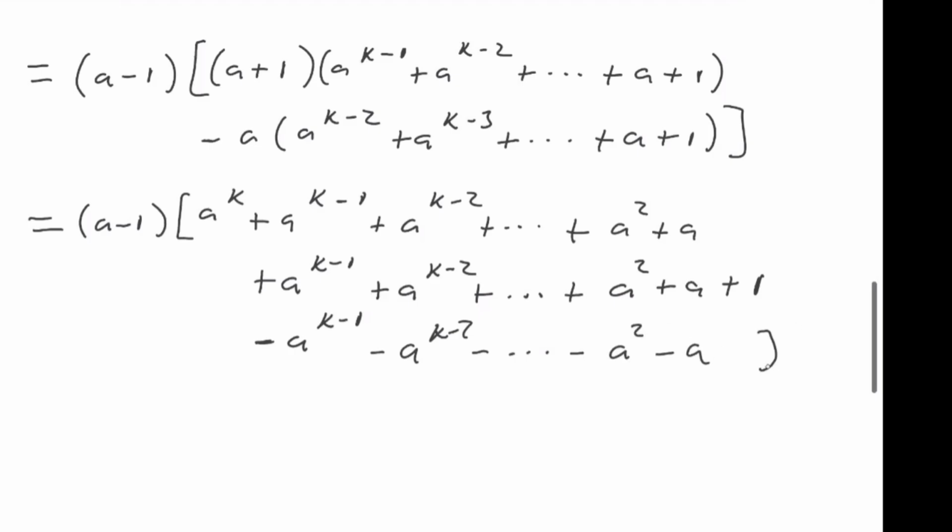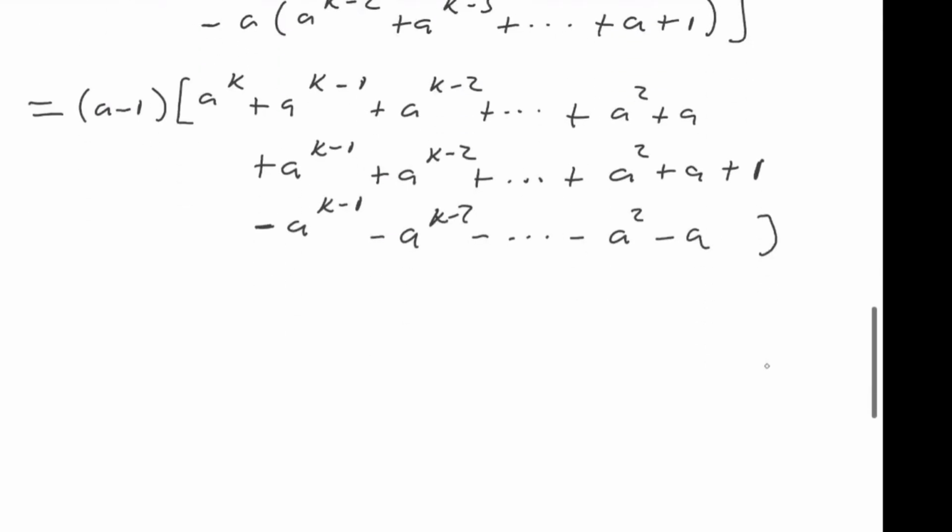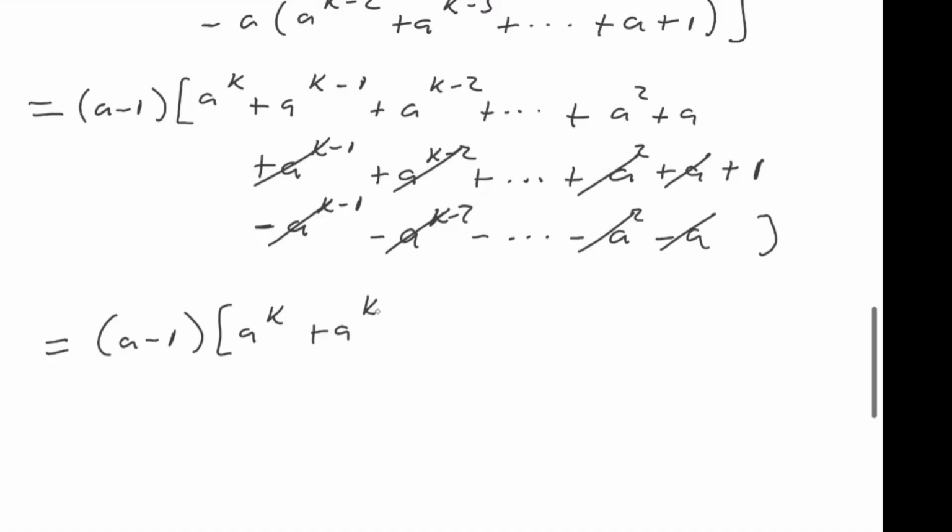Okay. So, look at this. These cancel, all the way to this and this and this and this. So what are we left with? We're left with a minus 1 times a sub k plus a sub k minus 1 plus a sub k minus 2 plus dot dot dot plus a squared plus a, and then plus 1.